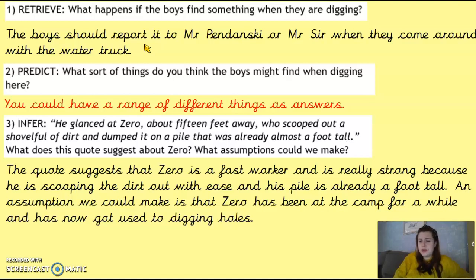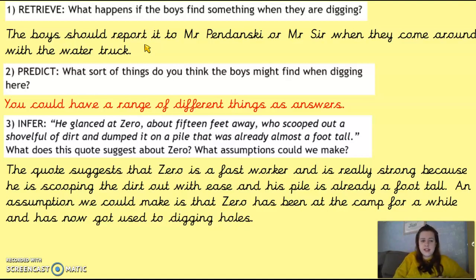What is there likely to be buried in the sand that they might find? It might be things like fossils. It might be things that belong to boys before that they've dropped in the hole. It could be things from years and years ago when the camp wasn't a camp, okay? But think about what is realistic for that one.